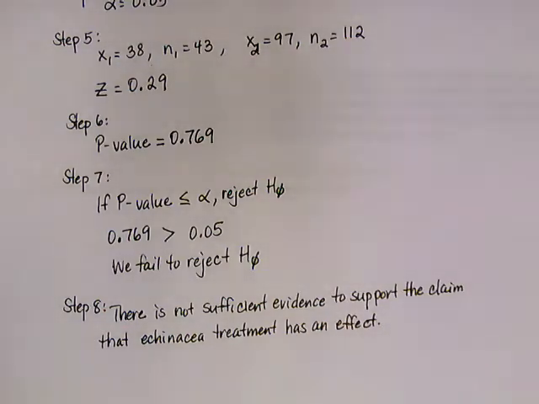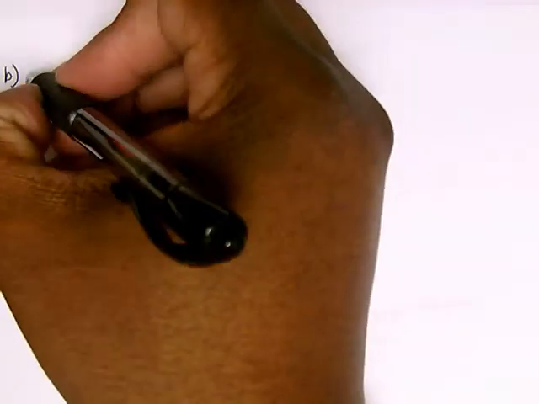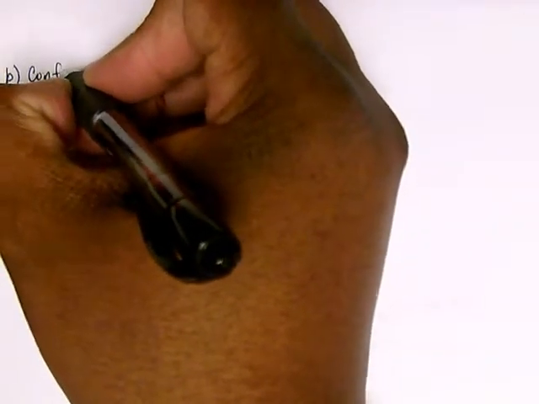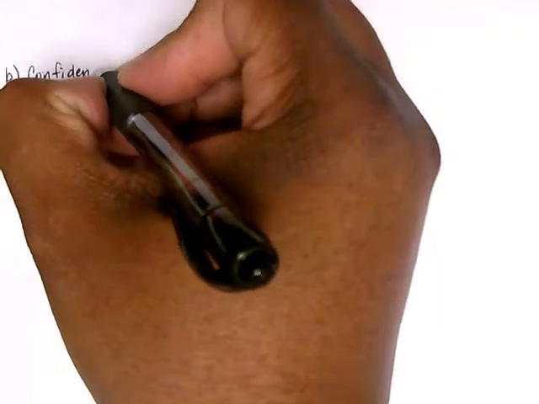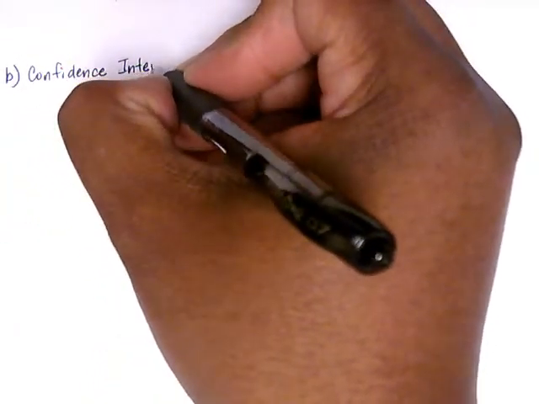Okay, and that right there is part A. In part B, they're asking for the confidence interval for this. Now we do need to find out what the actual confidence level is going to be.